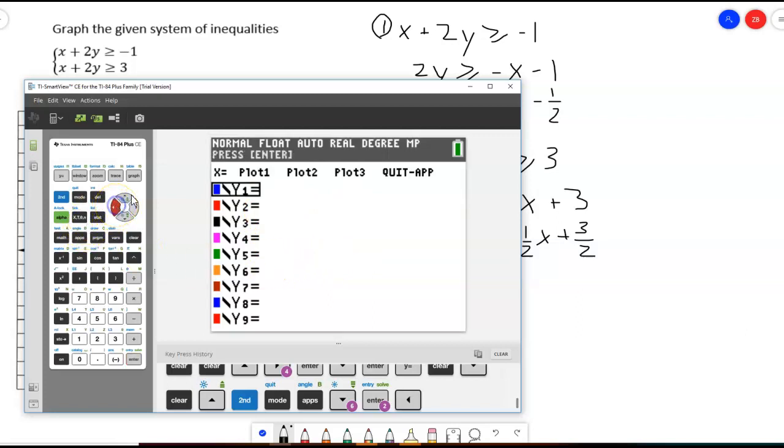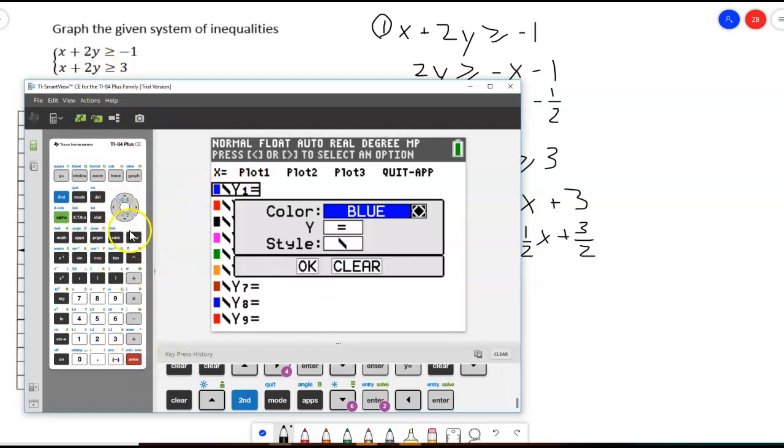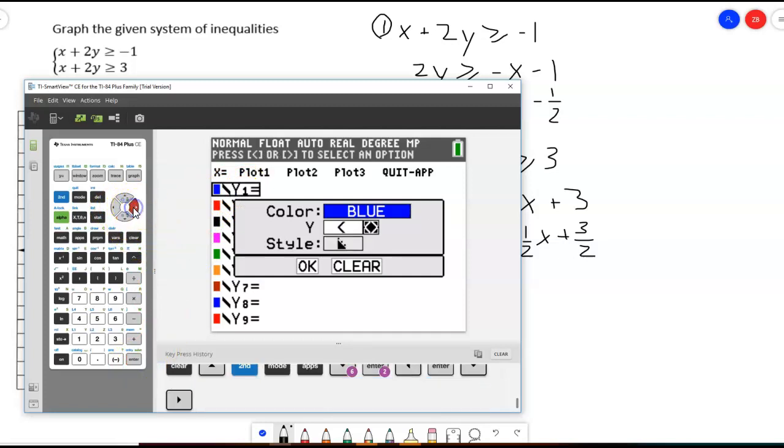So for this first one, it's going to be greater than or equal to, so I'm going to go to the left, highlight it, hit enter. I'm going to keep it blue for my calculator. I'm going to change this to greater than or equal to, and hit OK.